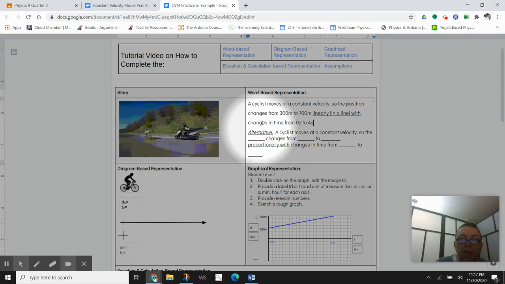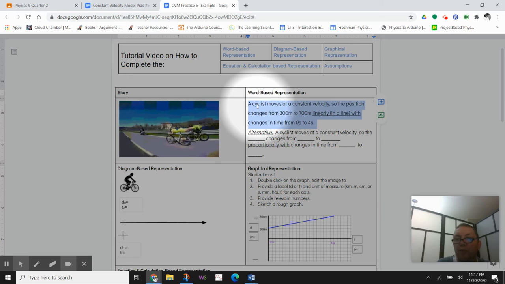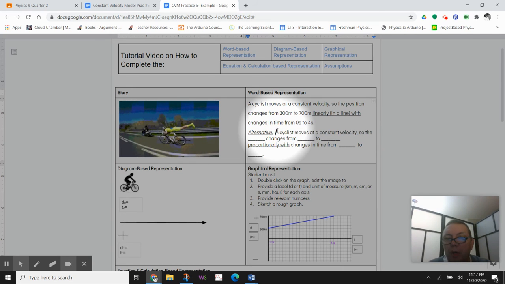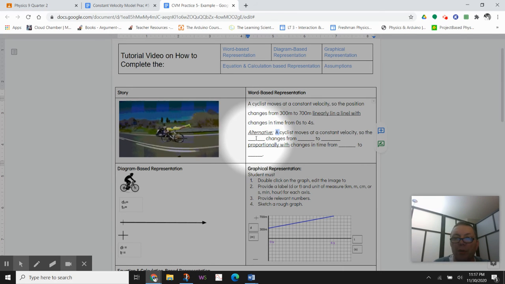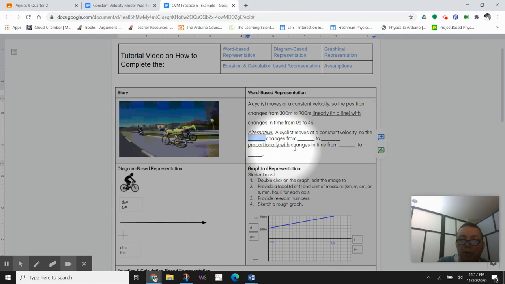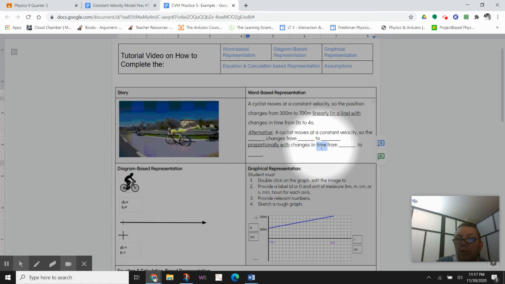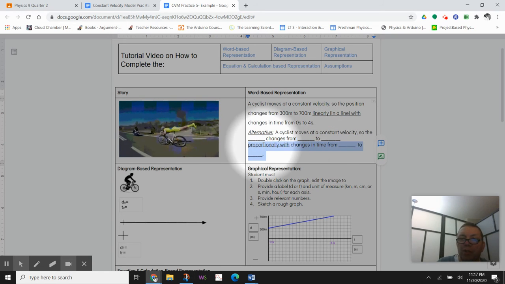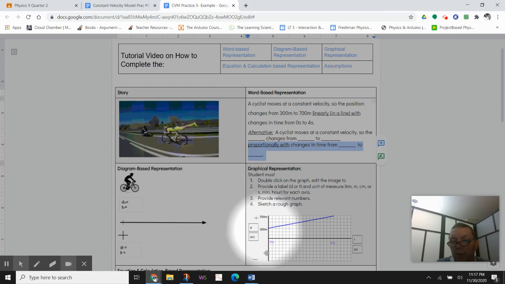There's a different way that we can do this word-based representation, where maybe other values will be given to you. We can say a cyclist moves at a constant velocity, so the blank changes from something to something. It changes proportionally with changes in time. So we're talking about this being a change in time. The other thing that changes, I'm going to look at my graph.